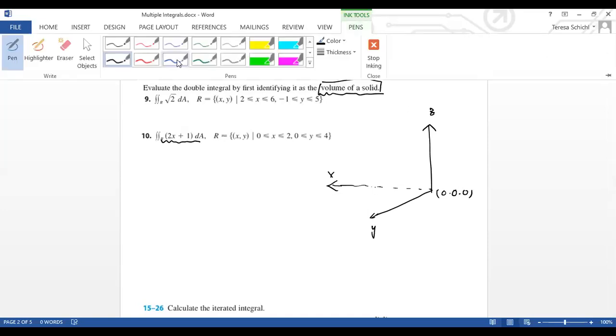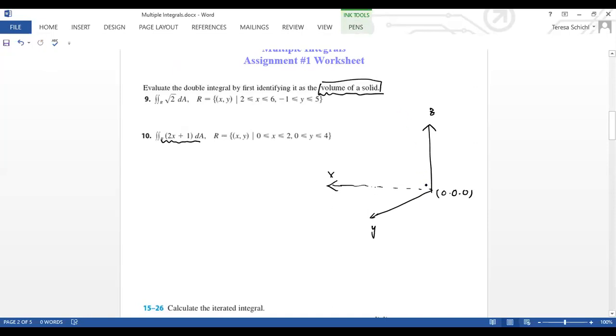When x is from 0 to 2 and y is from 0 to 4, this point is 2, 4, 0, located at y equal to 4 and x equal to 2.